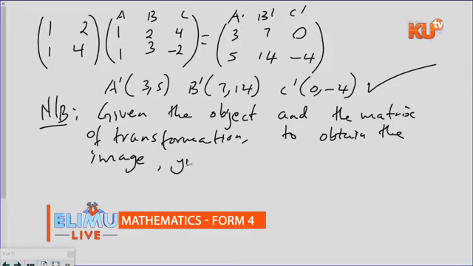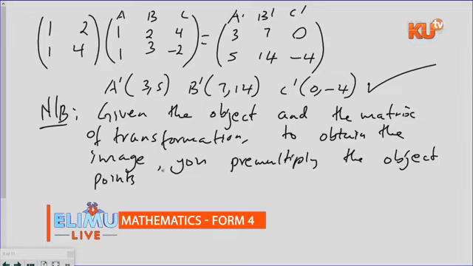You pre-multiply the object points by the matrix. We are still emphasizing that you must ensure it is pre-multiplication, because if you do post-multiplication, like starting with this (1, 1) and then the matrix comes next, the matrix will be incompatible.